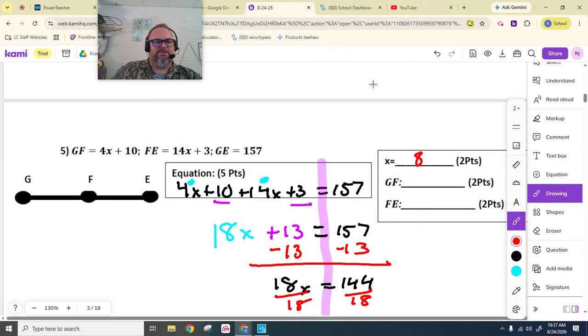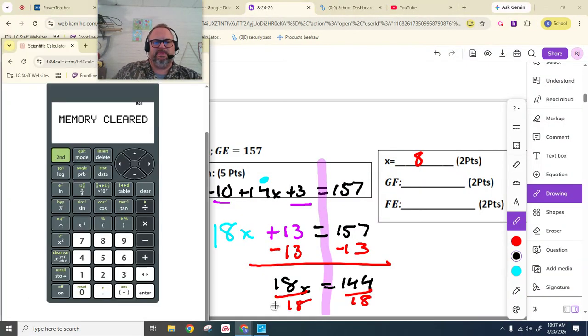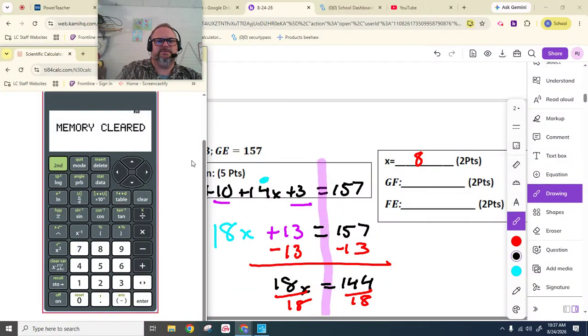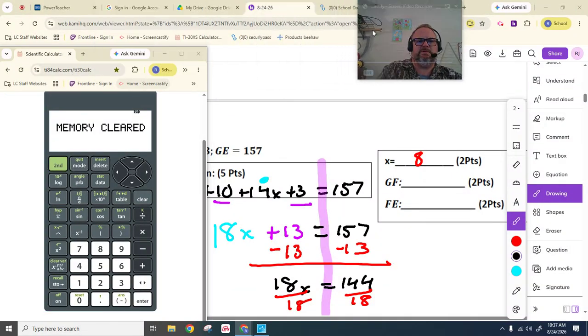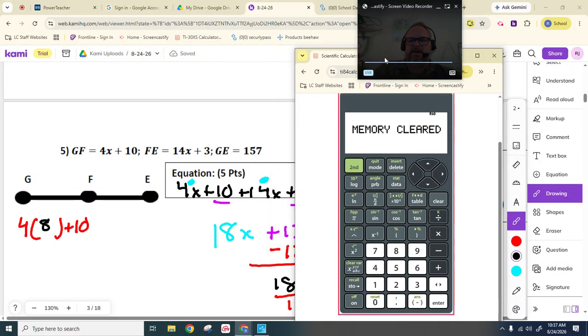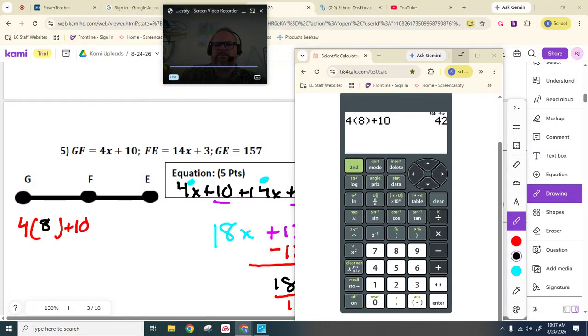Now, for GF, this is plus 10. All right. Plug it in. Trying to move this over. There we go. All right. So again, I'm typing it in just like this. All right. I get 42.